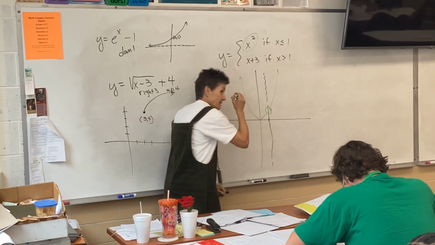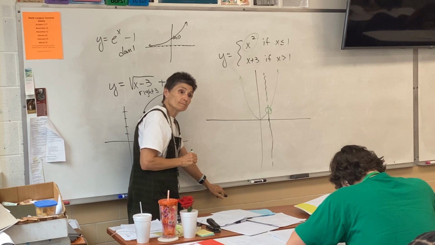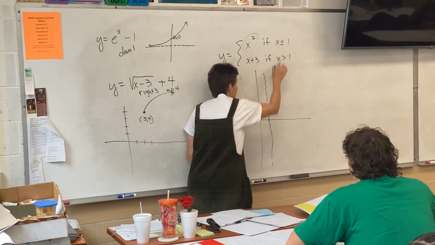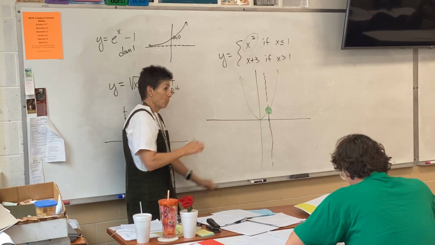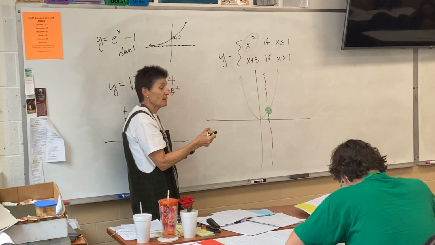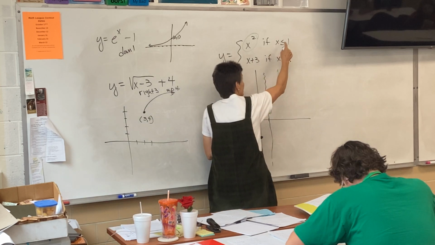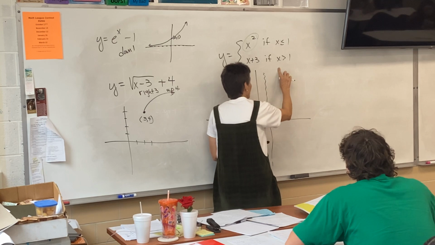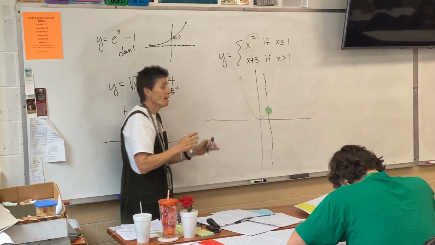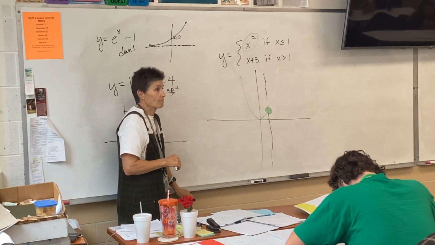Here's where it breaks. Open dot or closed? Closed dot. I broke it. Am I keeping the left or the right? I'm keeping the left. So I am throwing away the right. I broke my parabola. I keep a piece, I throw a piece away.